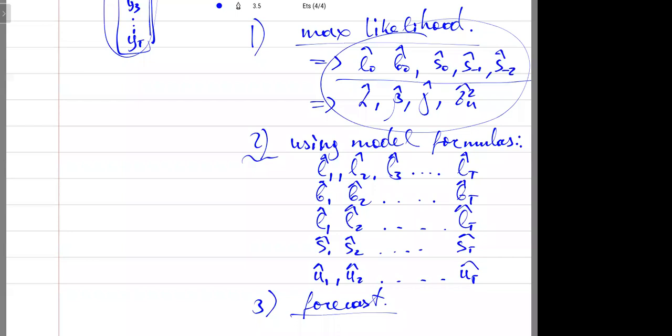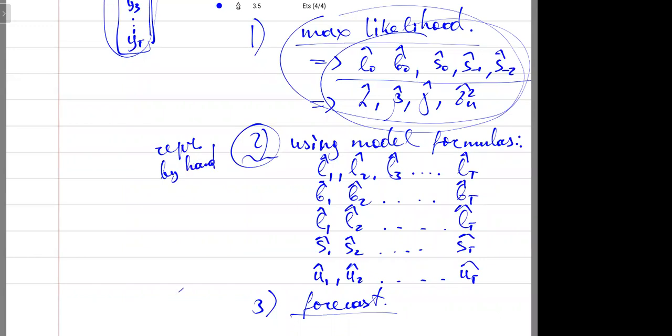Okay. So let's reproduce. We will not estimate using computers with maximum likelihood. Let me reproduce by hand to better understand how it works. We will reproduce by hand step 2, and we will reproduce by hand step 3. Next time we will estimate ETS models with the computer.